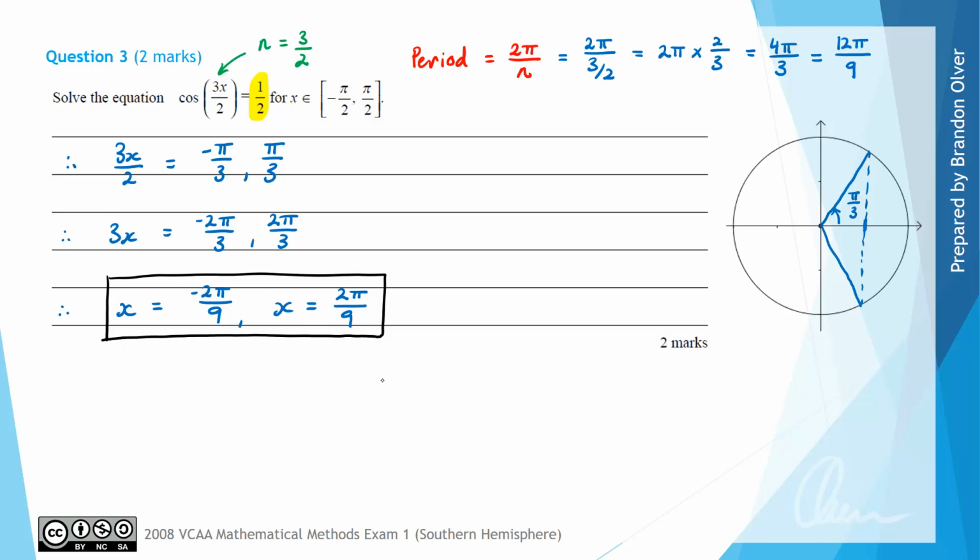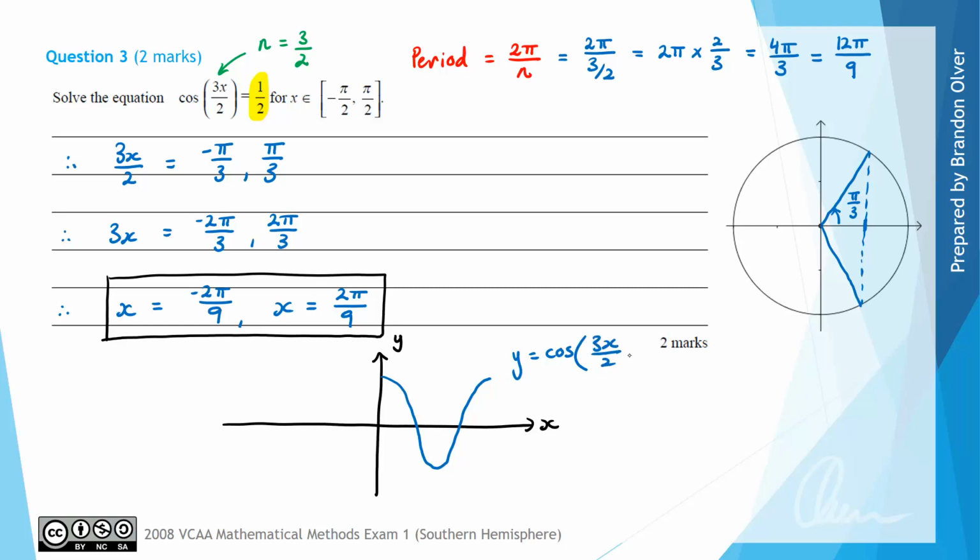Another way of thinking about this question might be from a graphical point of view. If we do a quick sketch, this is the graph of y equals cos of 3x over 2. It had a period of 4 pi on 3, and the graph would be repeated in this direction, and it would finish here at negative 4 pi on 3.